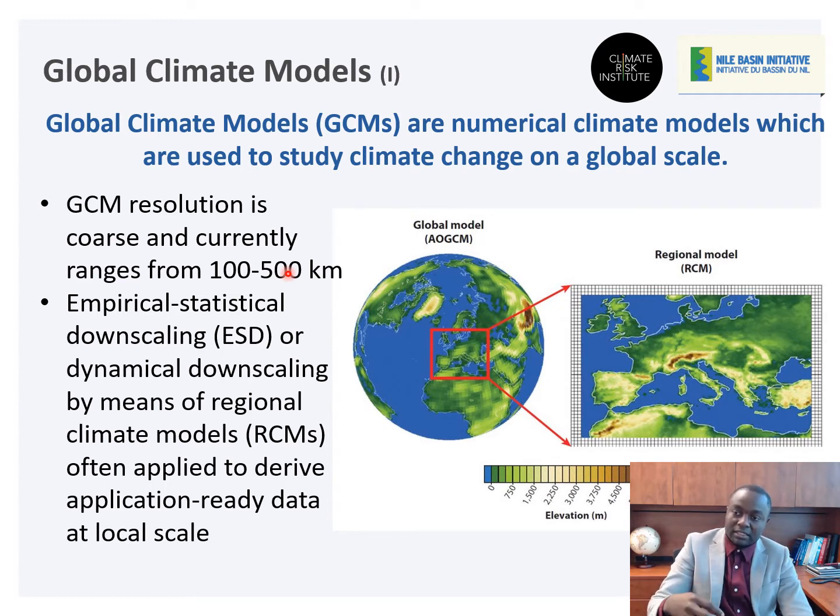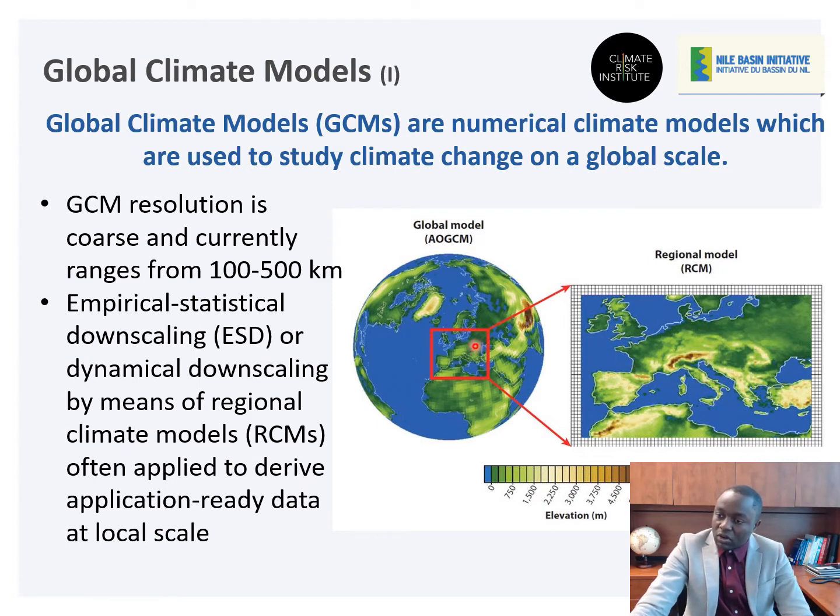So typically, to use these model outputs in climate risk assessments, we apply what is known as downscaling. Downscaling basically helps us to translate what the global climate model, the GCM, simulated at a very large scale down to a very small scale.